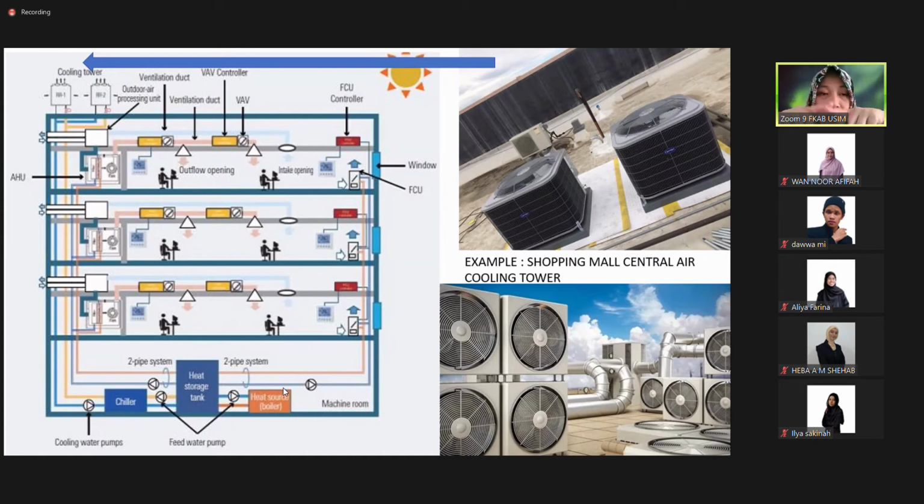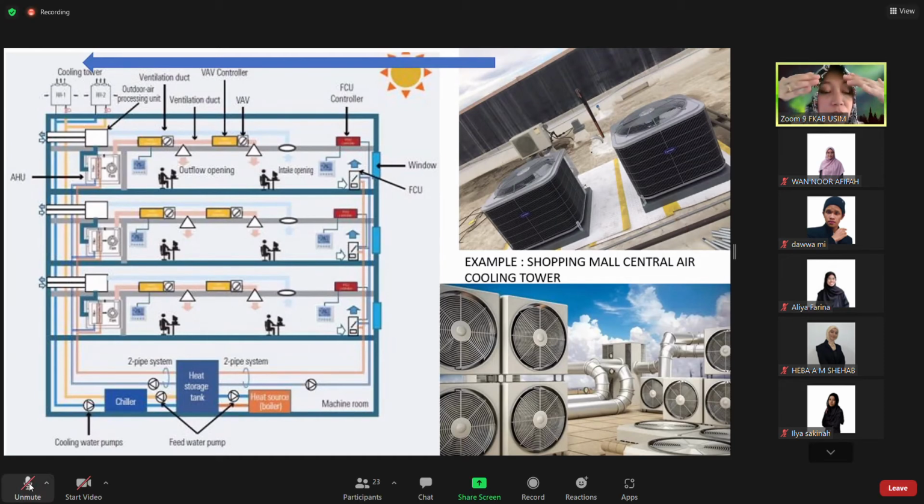Okay, between 8 to 5, the area is being conditioned. After 5, it already stopped the air condition system. So that one is a central air conditioning system. Apa beza central? So dia akan control oleh satu system. From 8 to 5, they operate. After 5, everybody could not get aircon. Already closed. Dia tutup aircon tu.